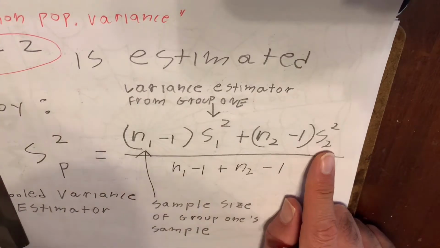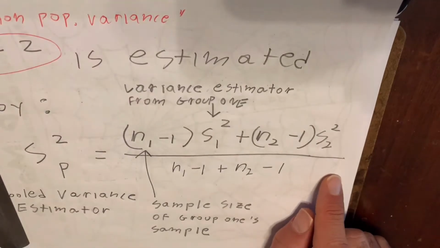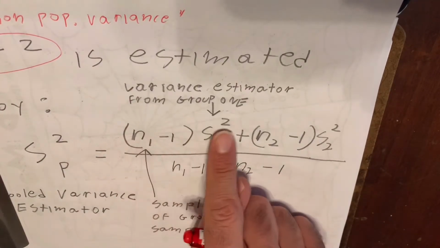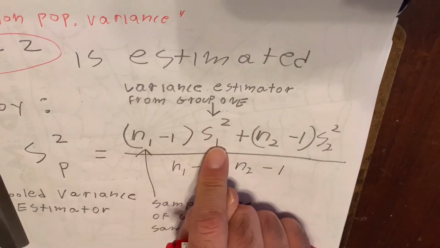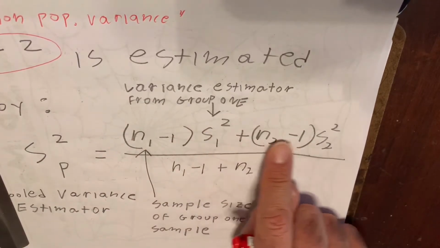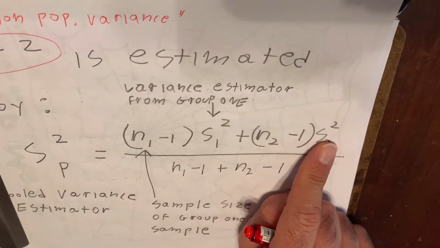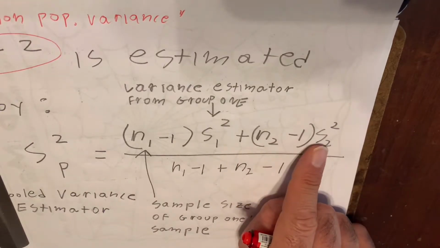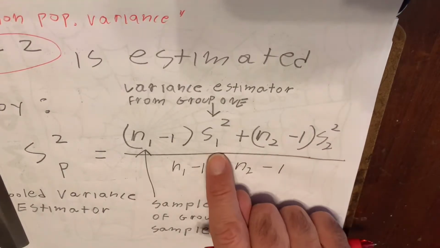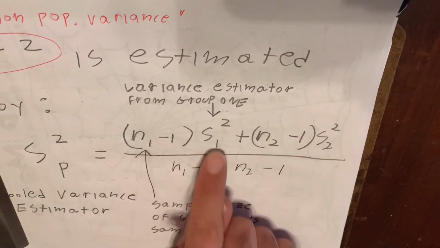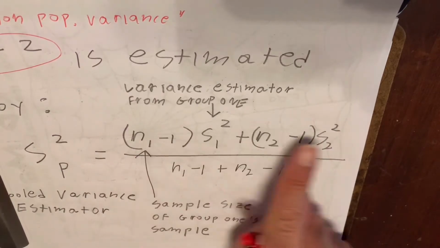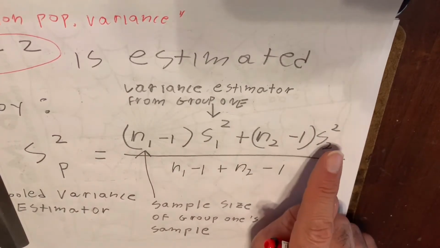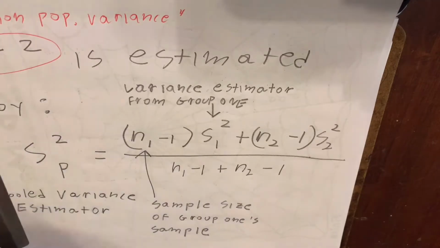So what are we doing here? From the warm-up exercise, we're getting the sum of squares from the sample from group 1, and we're adding that to the sum of squares from the sample from group 2. That's why there's a subscript 1 here and a subscript 2 here. And so here we have all of the sum of squares from both groups.